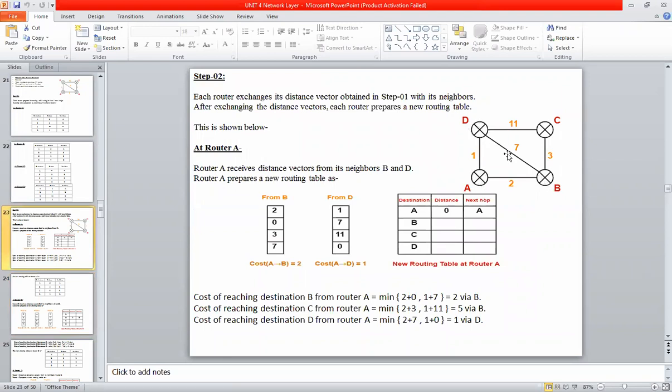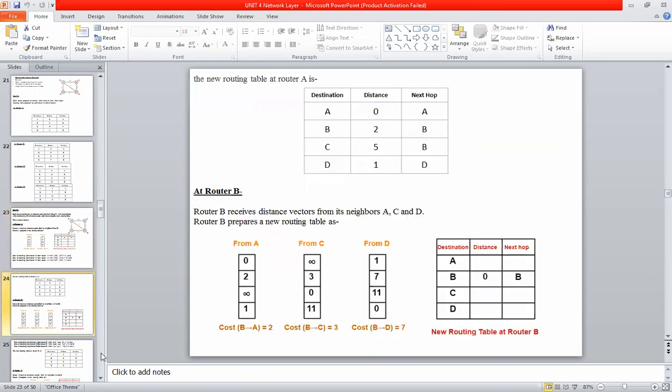D to B, 7 is there. D to C, 11 is there. And D to D is 0. Got it? Similarly, you have to update in this.